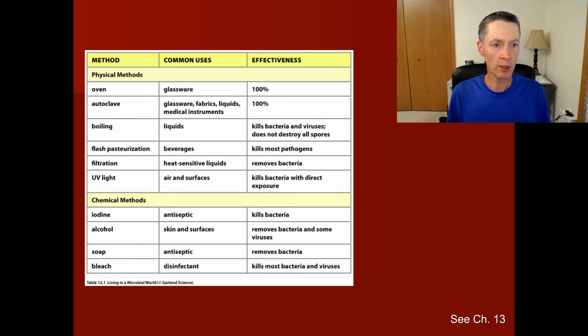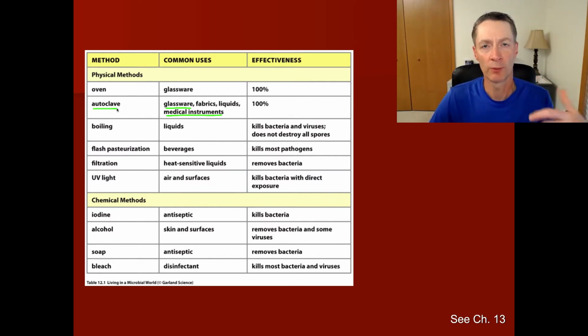So here we have a chart that's showing you physical and chemical methods, and some of these methods will allow you to actually out and out sterilize a surface. So if we look at the surfaces of glassware or medical instruments we want to use, like dental instruments or some kind of surgical instrument, we can actually put these through an autoclave, right?